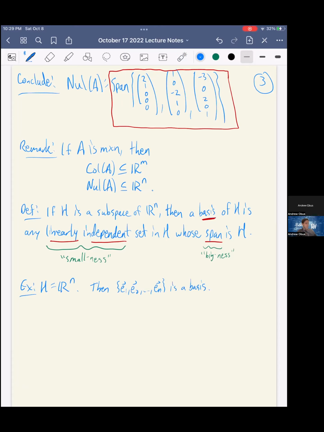Remember, E1 is 1, 0, 0, 0, 0, 0. E2 is 0, 1, 0, 0, 0, 0, 0, and so on. So if I let H be Rn, then this set is a basis, because we've seen already before that they are linearly independent, and they span Rn.